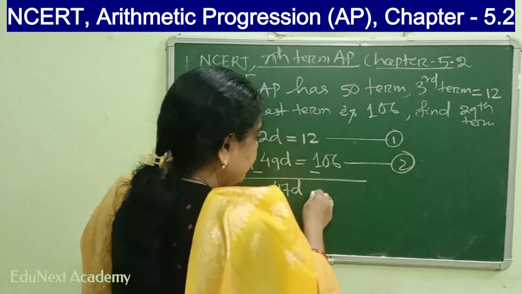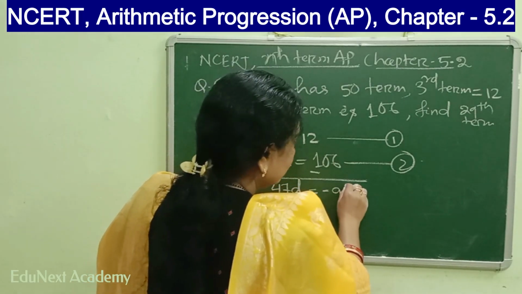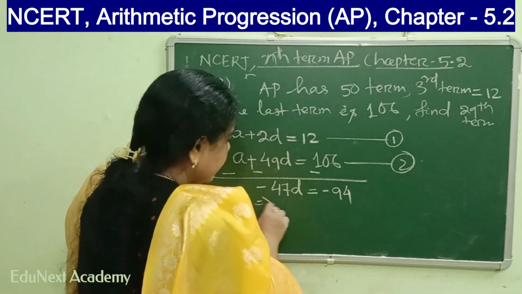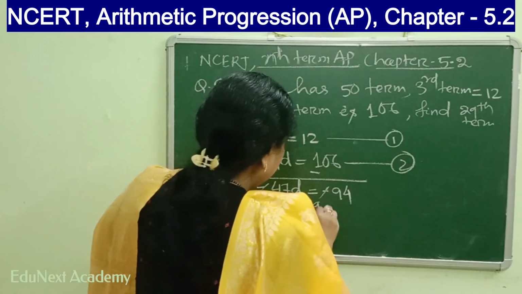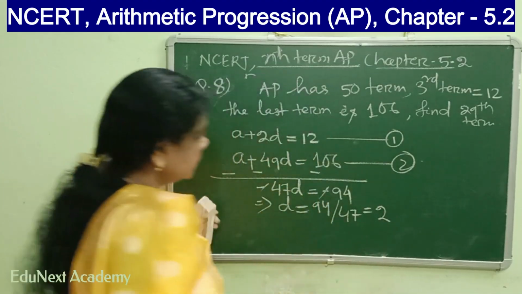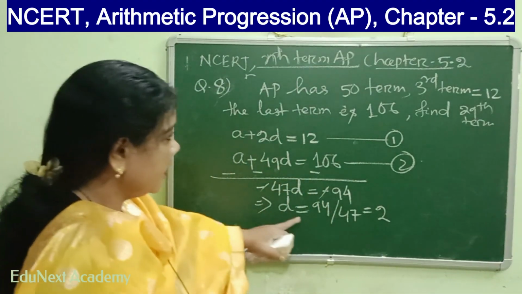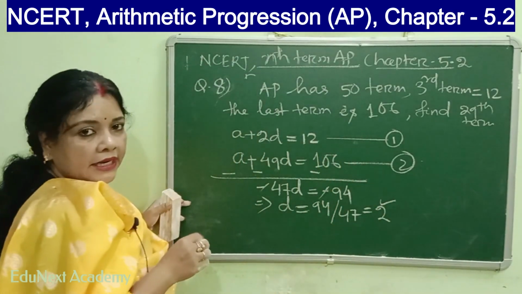Minus 47d is equal to minus 94. So this implies d is equal to 94 divided by 47, that is equal to 2. So d I got as 2. Again, putting this value in either of the equations, I can get the first term.